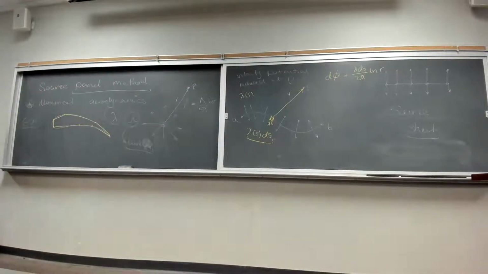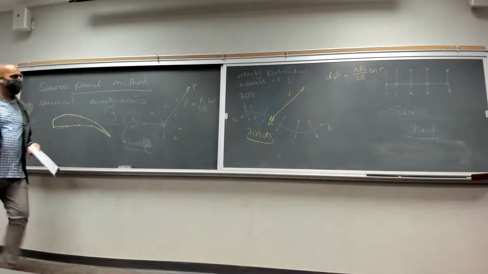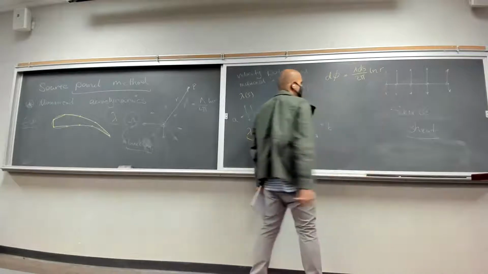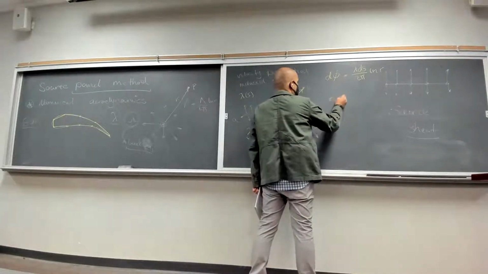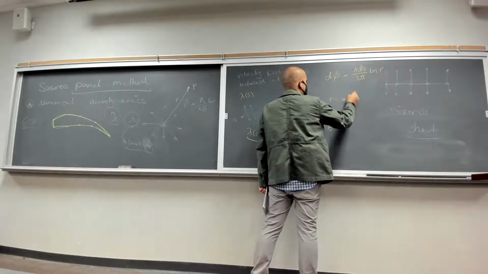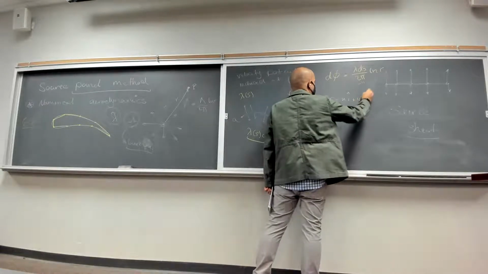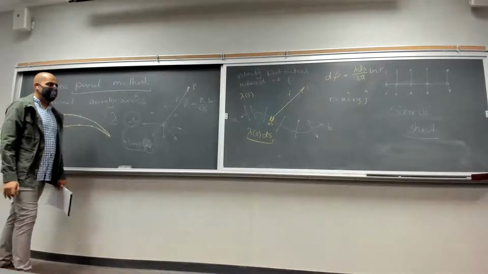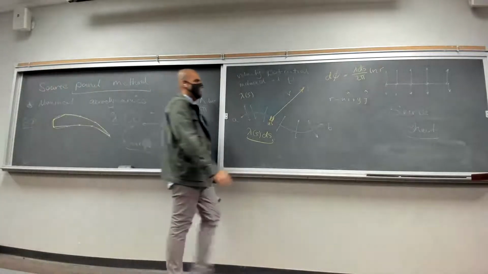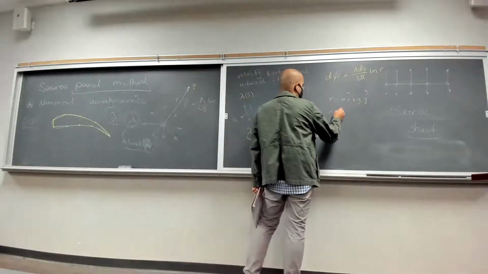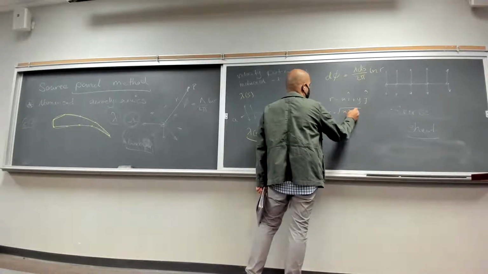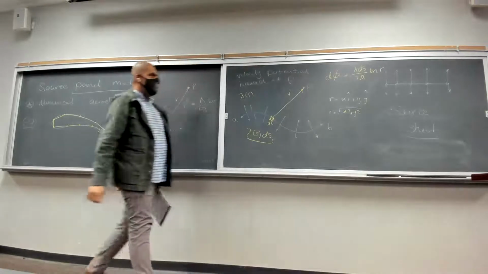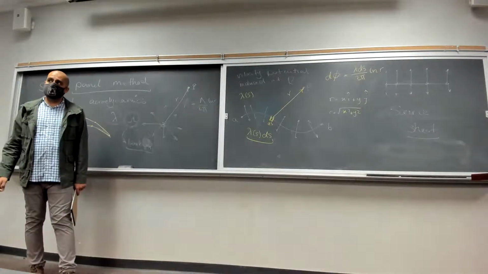Just have to keep in mind that this r is a vector, a function of x in the Cartesian coordinate system and y, and its magnitude is the square root of x squared plus y squared.